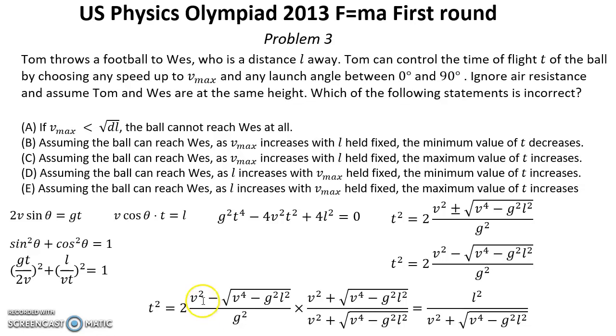For the negative sign, we can multiply and divide this t squared by the same function, after which we can get this formula. And now we can see that if we increase the speed v, we decrease the minimum time, which is correct for answer B. It means that answer B is not good. So finally we can see that the correct answer is D.